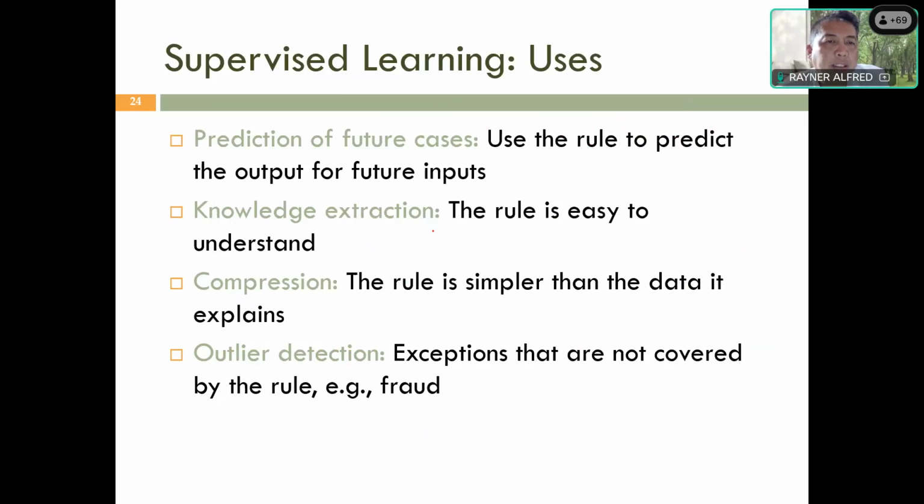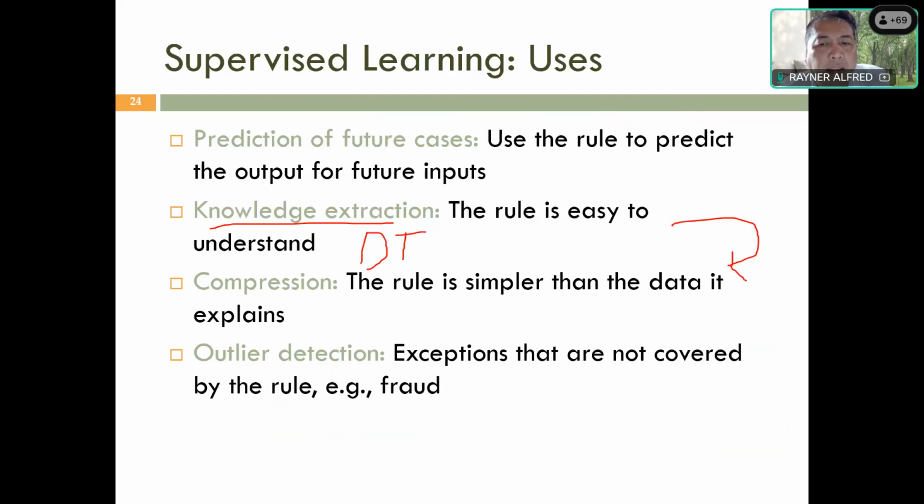We can use the supervised learning also to extract certain rules. You will learn that one later on when we learn decision tree. Okay. We also use supervised learning for compression. For example, these rules can be simplified, compress the rule to become more compact.